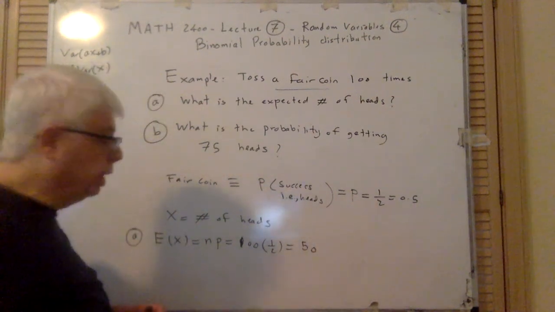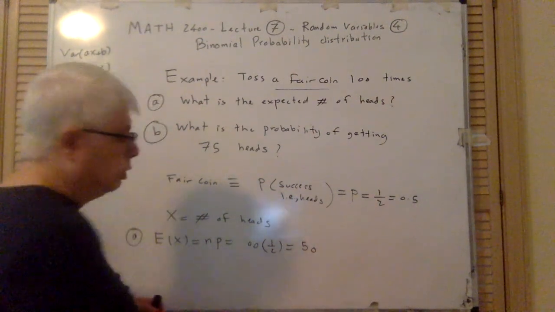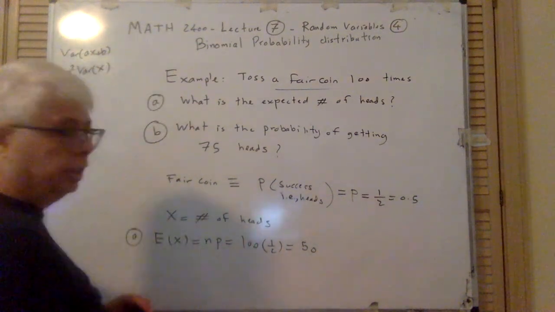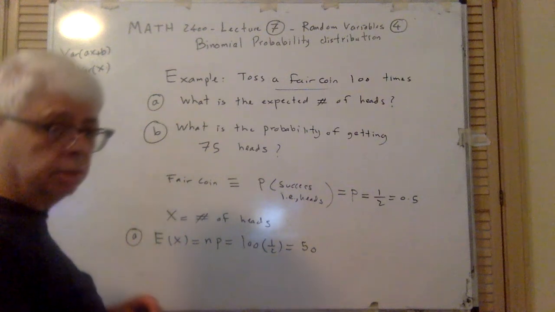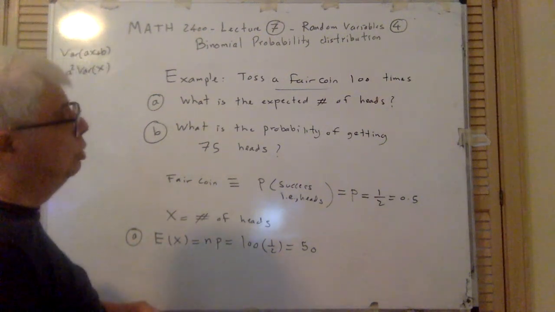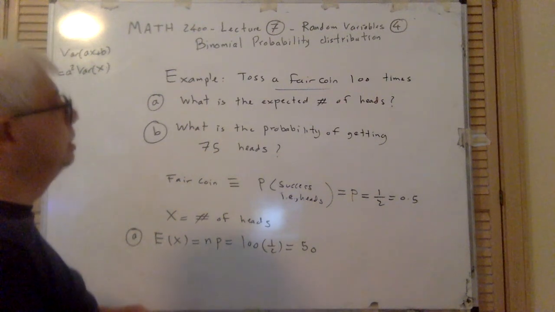So the expected number of heads is in fact 50. That makes sense, right? You expect 50 of them to come up heads.